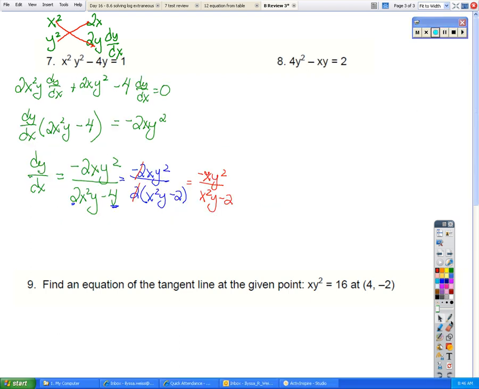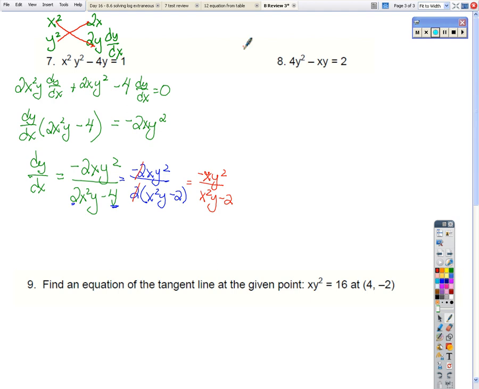Okay, so using the same process, we're going to find the derivative of number 8, but when I do the product rule, I'm going to use negative x and y. So that's negative 1 and dy/dx. So the derivative of 4y squared is 8y dy/dx, and then negative x dy/dx, and negative 1 times y.